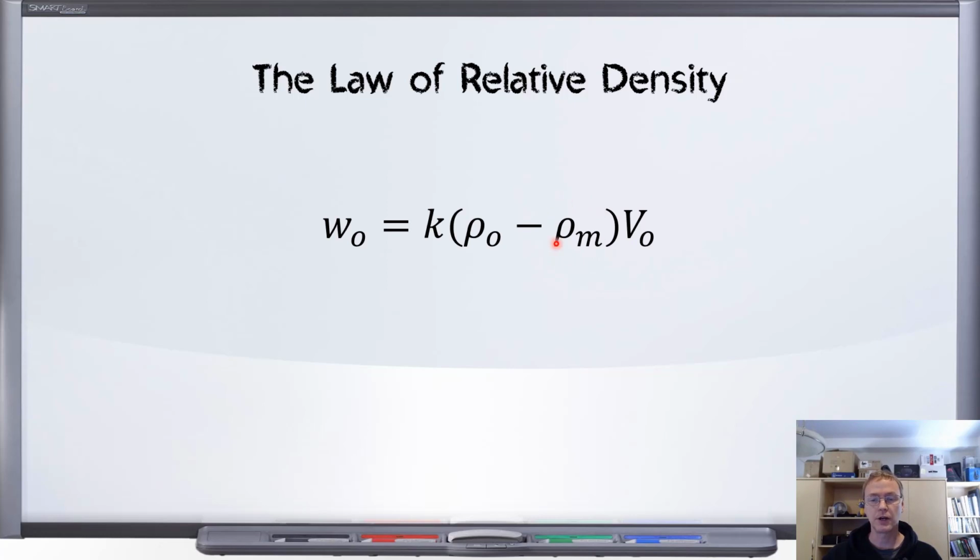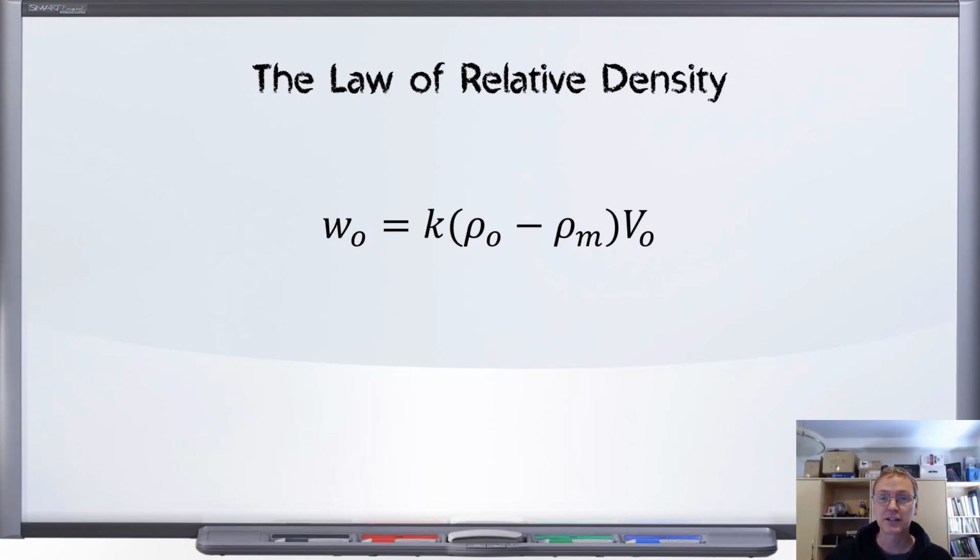How about this term here? This is the density of the medium. If we were to reduce the density of the medium, we would increase the weight of the object. We see that from the minus sign here. Conversely, if we were to increase the density of the medium, we would reduce the weight of the object.